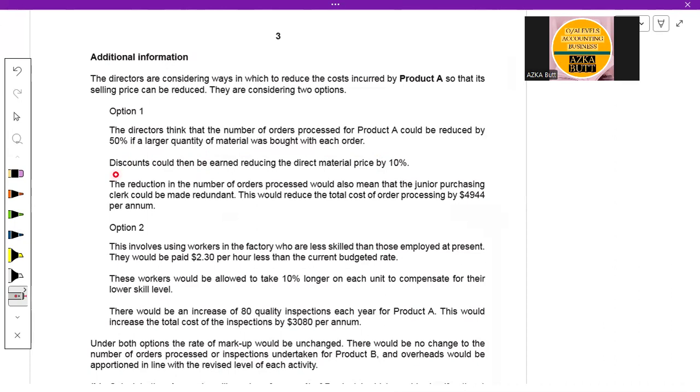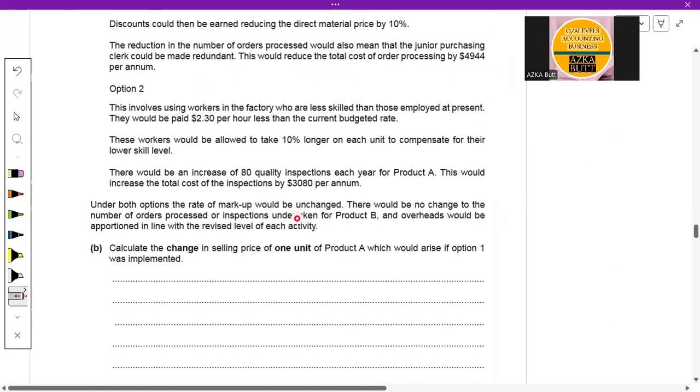And the reduction in the number of orders processed would also mean that the junior purchasing clerk could be made redundant, and this would reduce the total cost of order processing by 4,944 per annum. And they say that under both options, the rate of markup would be unchanged, and there would be no change to the number of orders processed or inspection undertaken for product B, and overheads would be apportioned in line with the revised level of each activity.